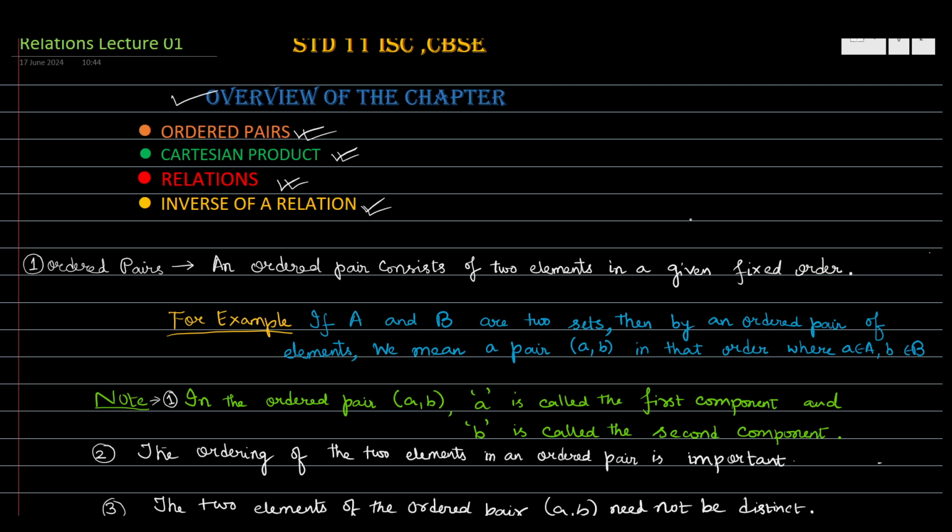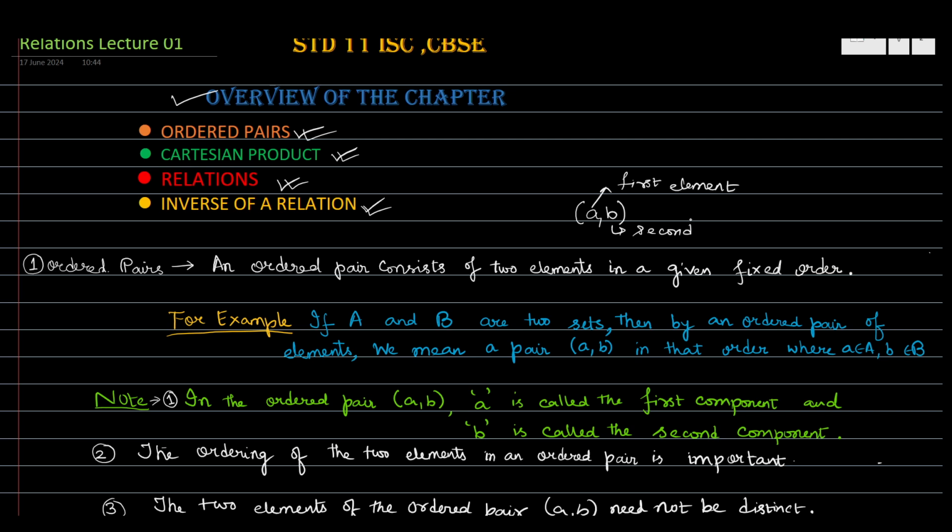So first we will learn what is called an ordered pair. Now an ordered pair consists of two elements in a given fixed order. Suppose if we say A comma B, where A is the first element and B is the second element.